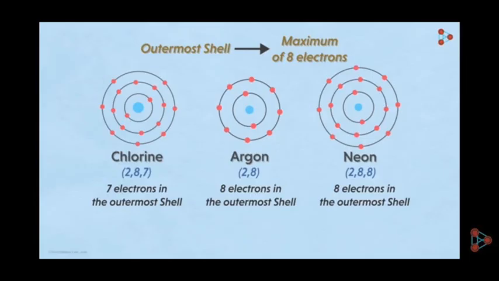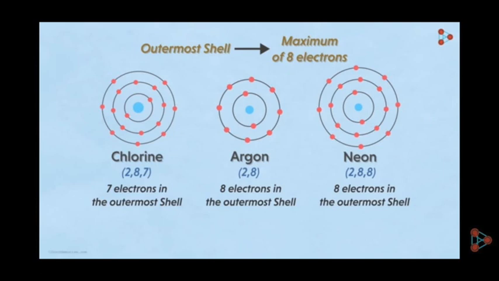So we can also read it as 2,8,8 for argon. So what will chlorine do to get a configuration like neon or argon? It has 7 electrons. Either it can share 1 electron to make it 8, or it can gain 1 electron to make it 8. Either way, its valency is 1.